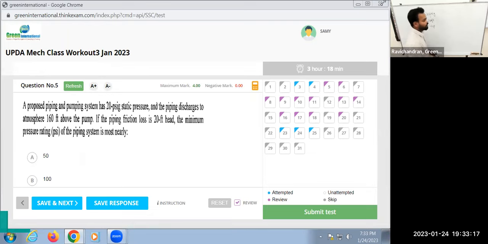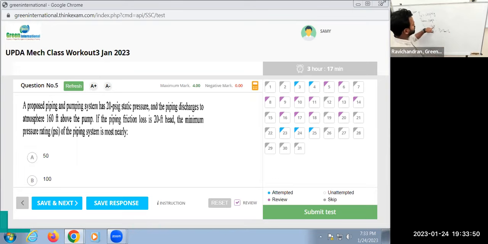So totally there are three types of losses happening here. One is static, one is due to atmospheric pressure, and one is due to friction loss. So minimum pressure rating required is equal to P static plus P atmospheric plus friction head loss.